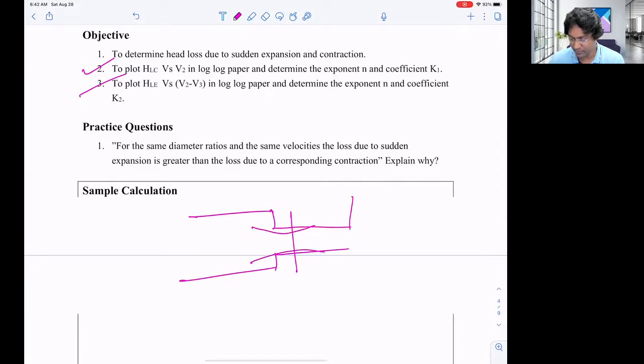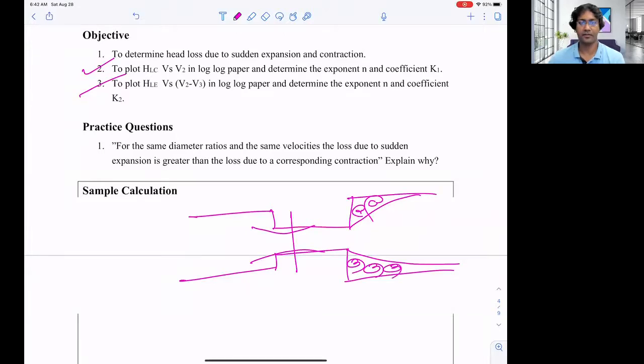However, when it is sudden expansion, other than that we'll have vortices, so we'll lose more energy because of the formation of vortices and eddies. That's why the head loss due to sudden expansion is greater than the head loss due to sudden contraction. Okay.